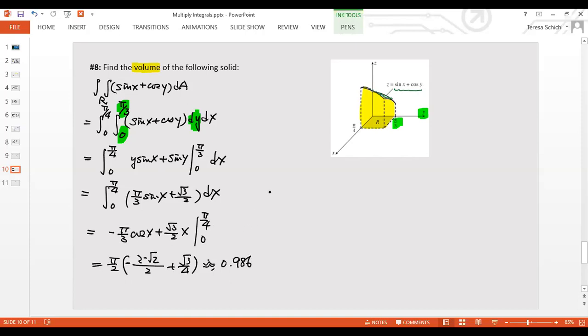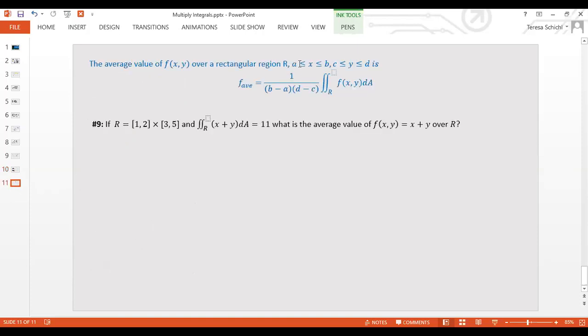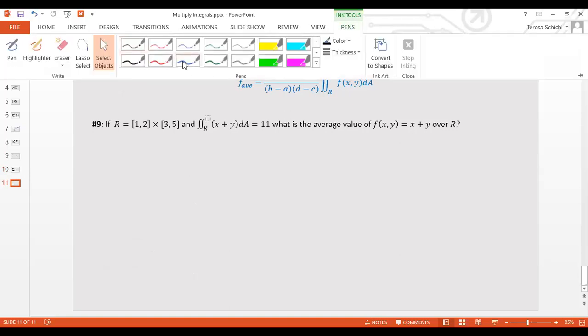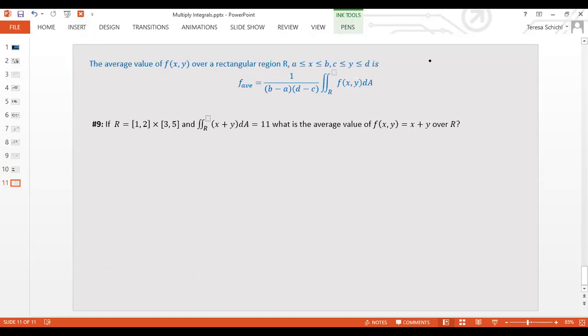Okay, that's it. The last thing we want to talk about here is the average value. This is very similar to Calc 2, if you remember. What is the average value for the function? It will be the same thing: 1 over b minus a, and then you integrate from a to b, f of x dx.